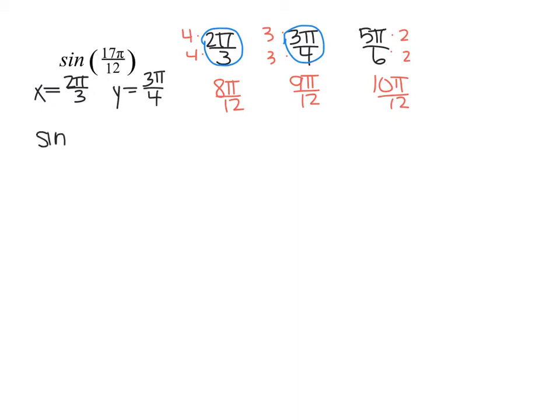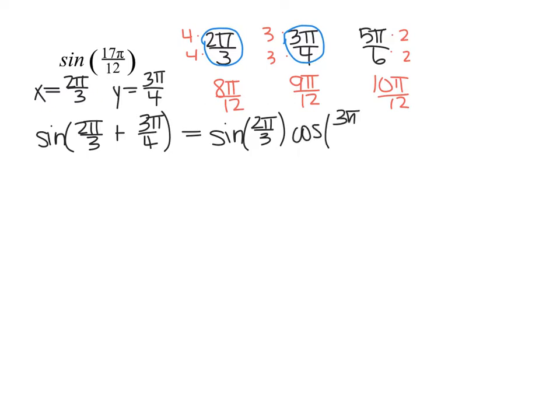So we get sine of 2 pi over 3 plus 3 pi over 4 equals sine of x times cosine of y, which is cosine of 3 pi over 4, plus cosine of x, so cosine of 2 pi over 3, times sine of y, which is sine of 3 pi over 4.